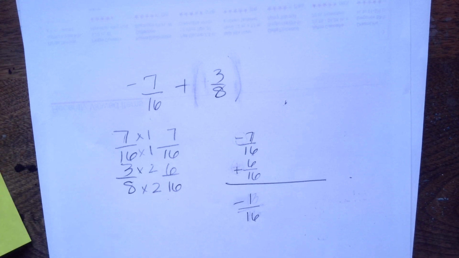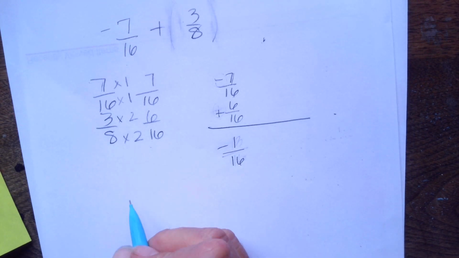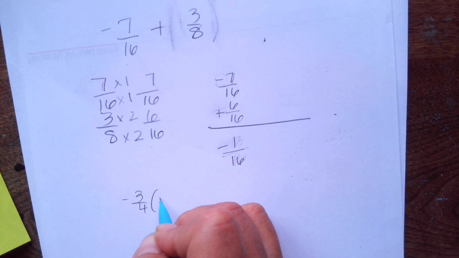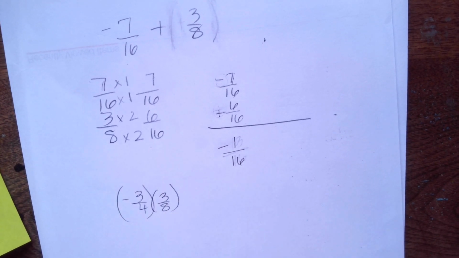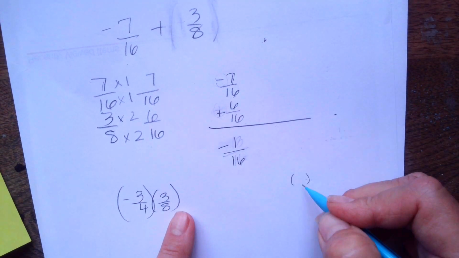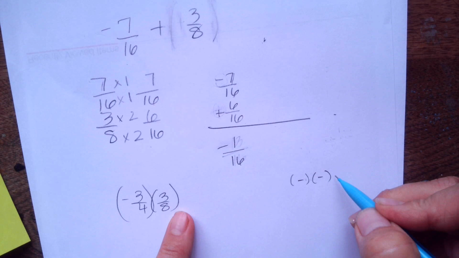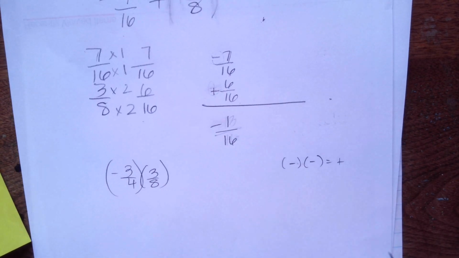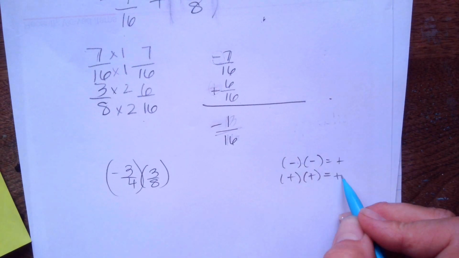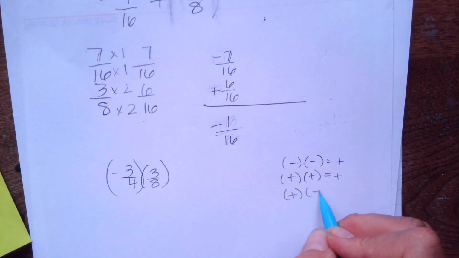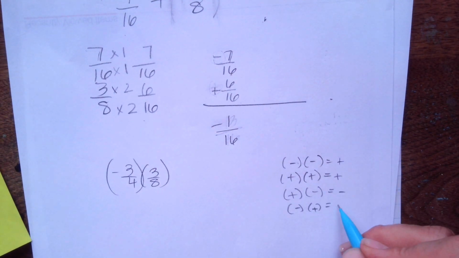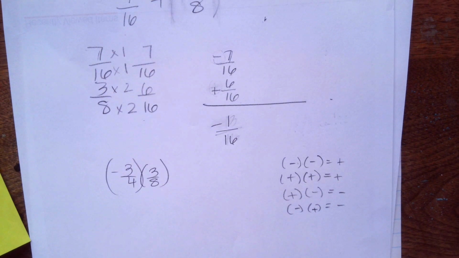of fractions. Okay, multiplying with different signs. So if we had negative 3/4 times 3/8, then if you remember, our rules for multiplying: a negative person and a negative person have a conversation, it's a positive experience. A positive person and a positive have a conversation, it's positive. And if a positive and a negative person, or a negative and a positive person have a conversation, the answer is negative for both of those.